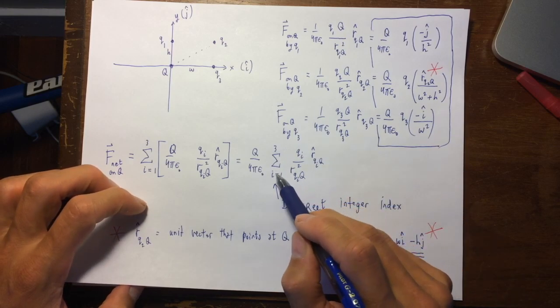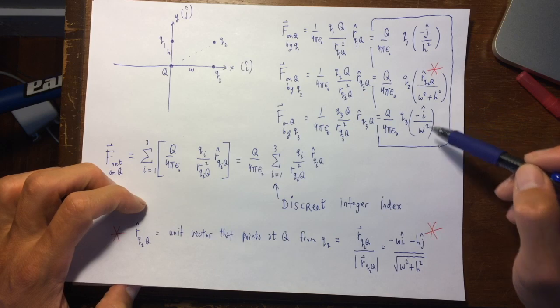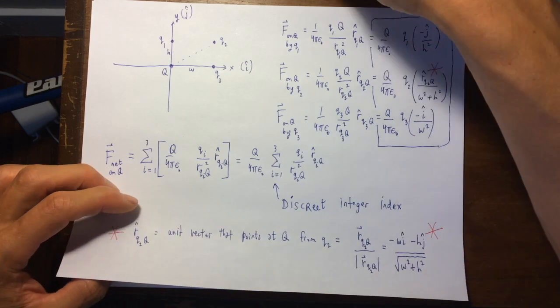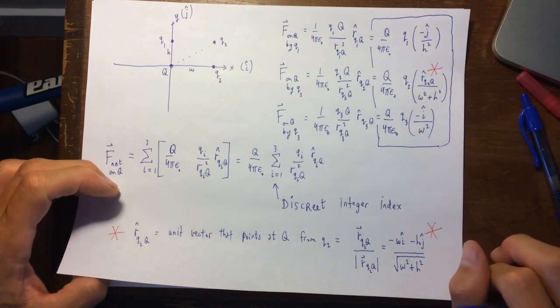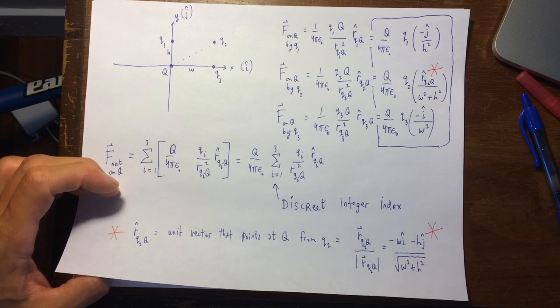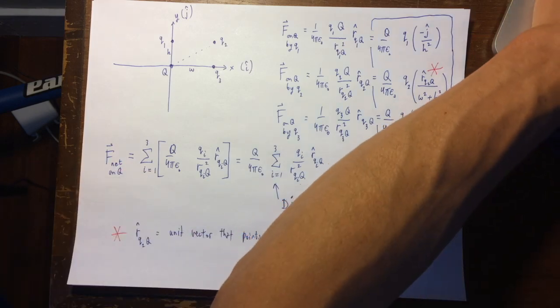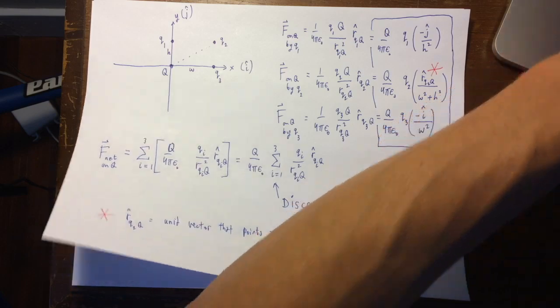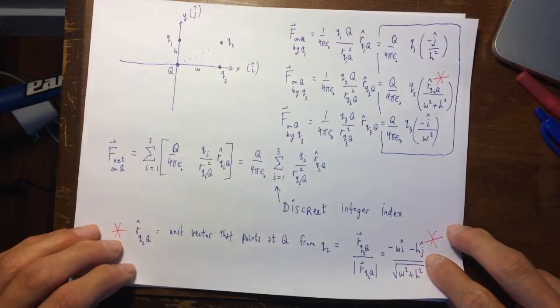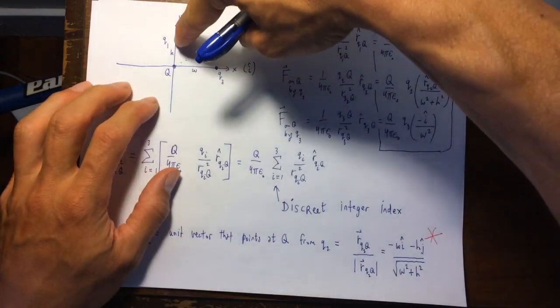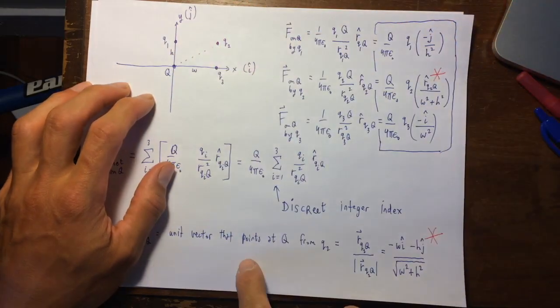So when I add them up, I have to be very careful about the vector directions. All right. So that's an example of calculating the net electrostatic force by three charges acting on one.